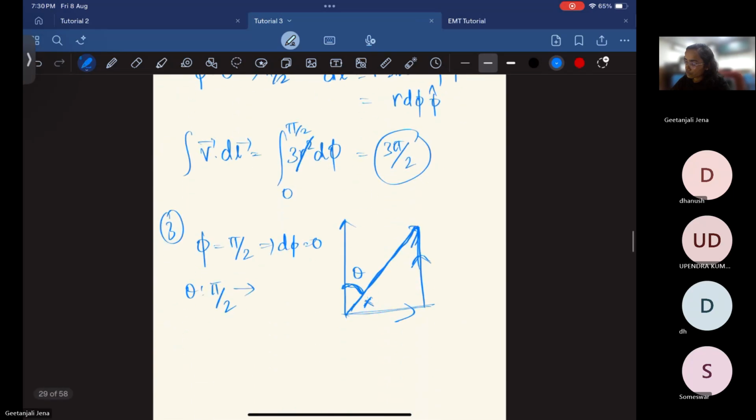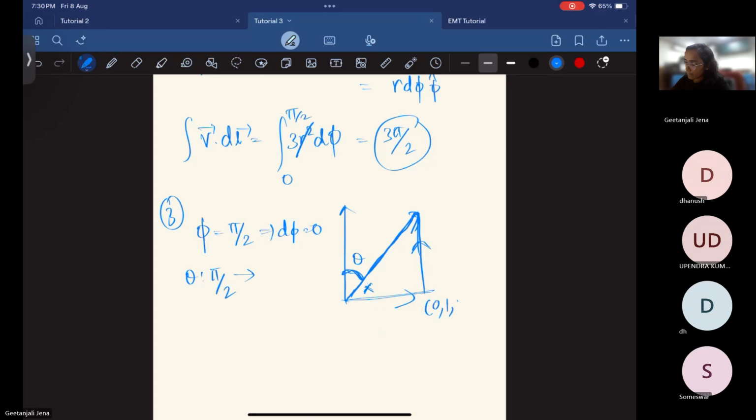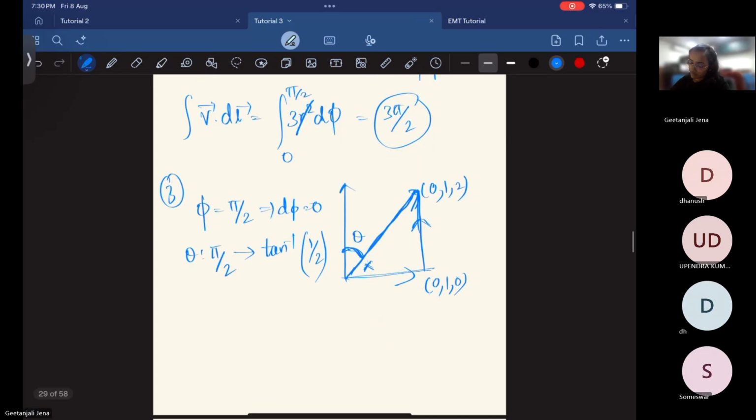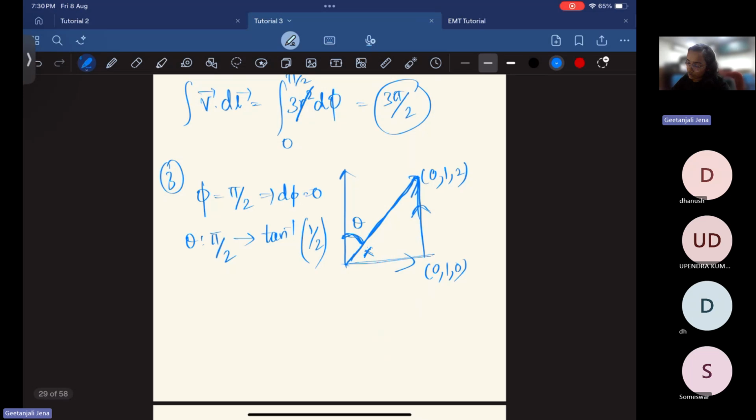The point given is 0, 1, 2. So the theta value is tan inverse half, right? So dl will have both dr as well as the theta component, which is r d theta cap.